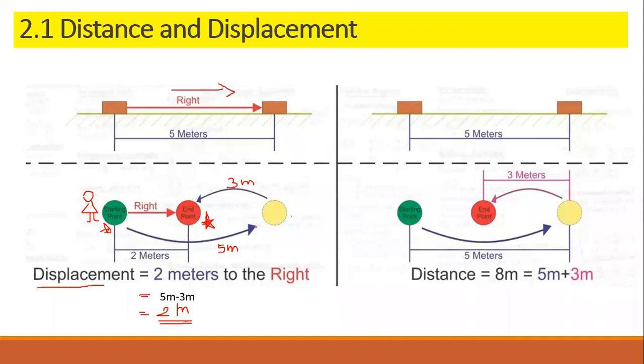This long path is the total distance she has traveled. This is the total displacement she has done here. And once we are asked what the distance is, we can tell that distance is 8 meters, 5 meters plus 3 meters. 5 to this place and 3 to this place again. So we have to add them together to find the distance.